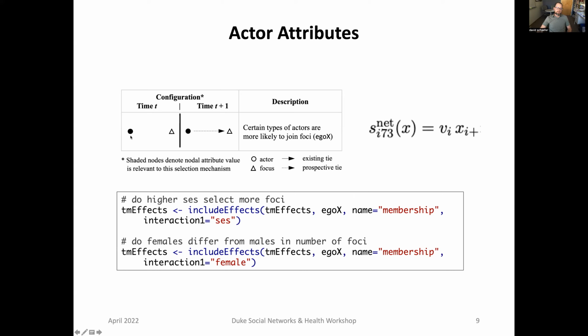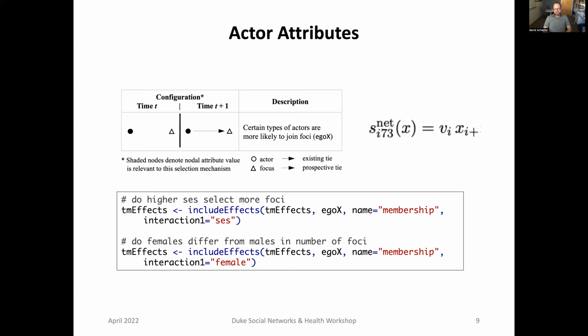So we have the circle representing the actor with a certain attribute, and then here is a foci, or focus. We're not interested in its attribute at the moment. What we're interested in is whether actors with a certain attribute are, over time, more likely to add ties to a focus.